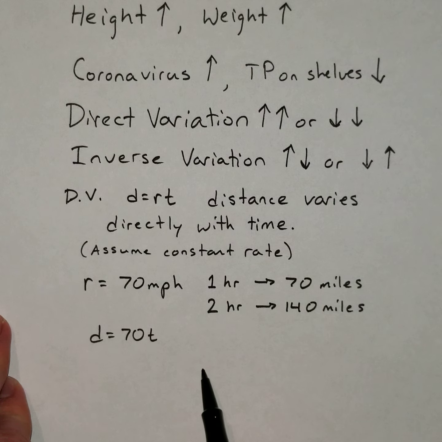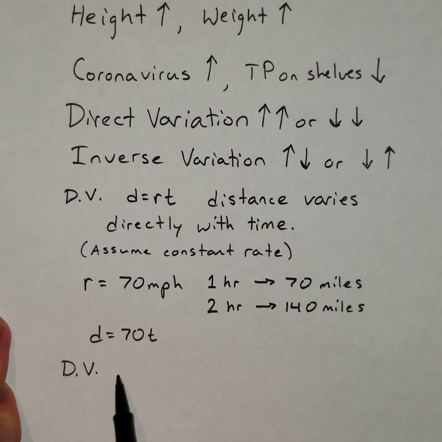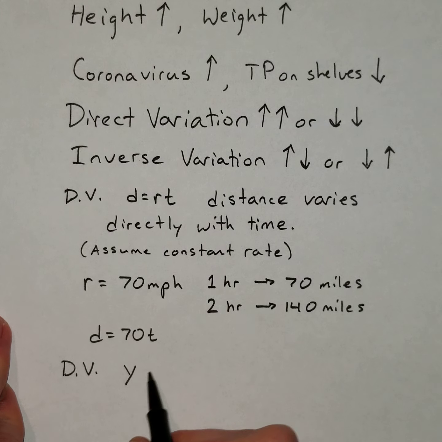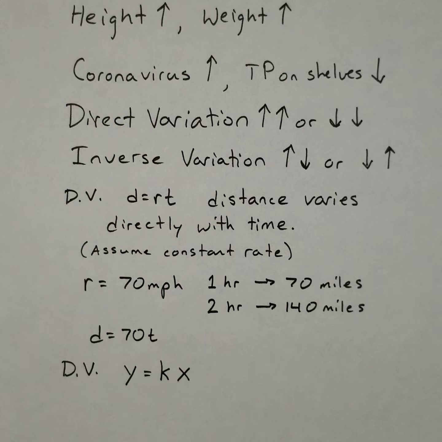Generally speaking, for direct variation, you have a variable we'll call y for the dependent variable, and a variable called x we'll call the independent variable, and some sort of constant multiplier.